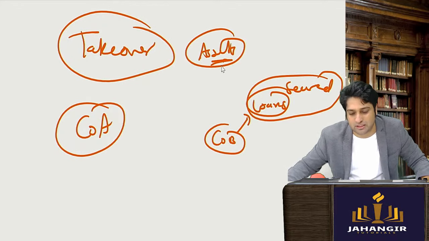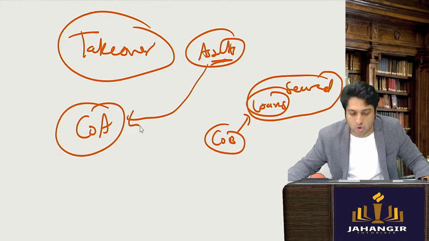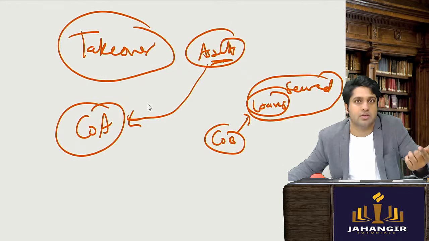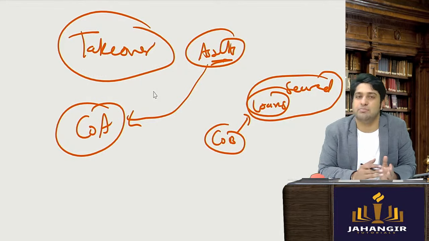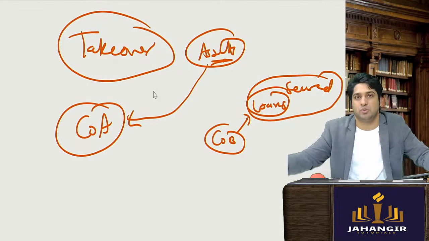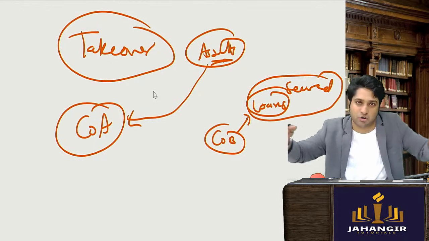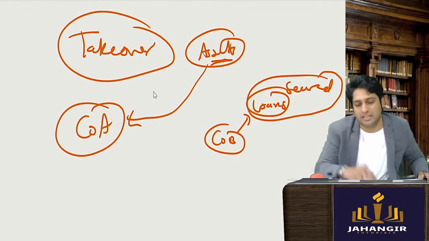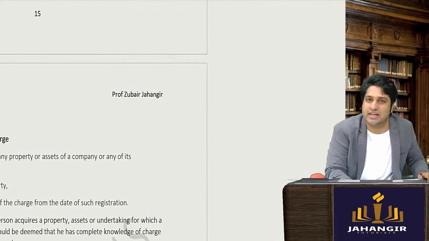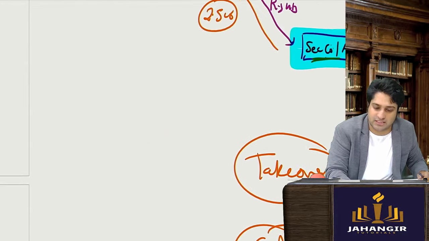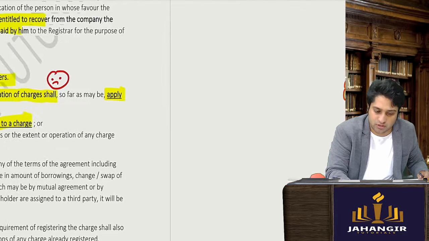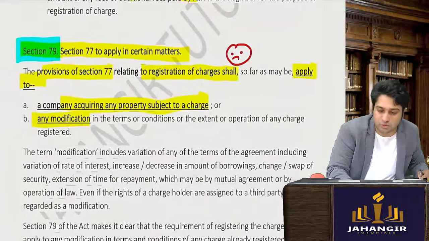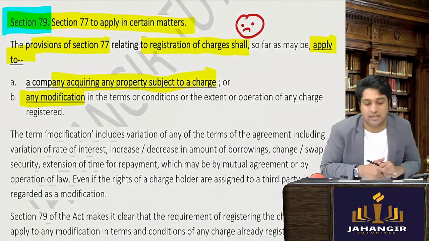These assets are subject to a charge, and the owner is changing. So whenever there is any kind of change, mergers, amalgamation, one company takes over another company where the assets are already subject to a charge. For example, if there is a company, Jet Airways, it got taken over. The assets were already subject to a charge. So the new person who is getting control has to make the filings. Now read.